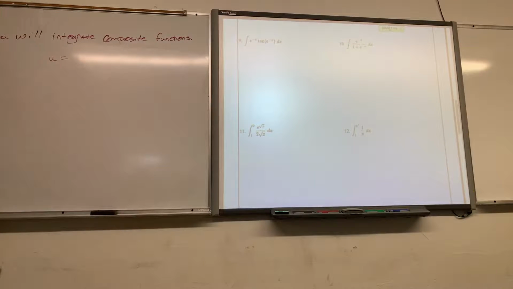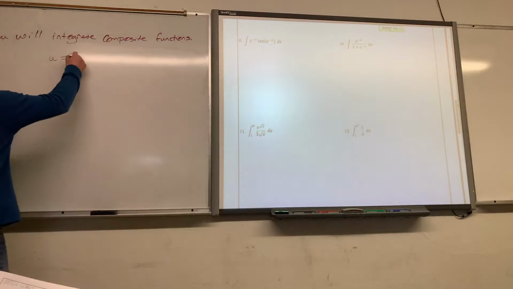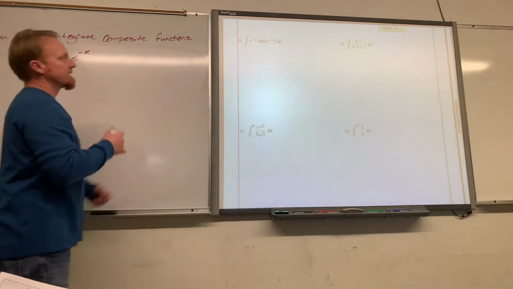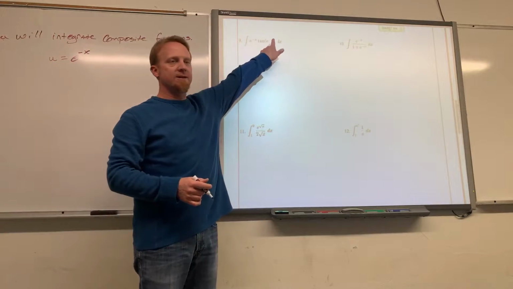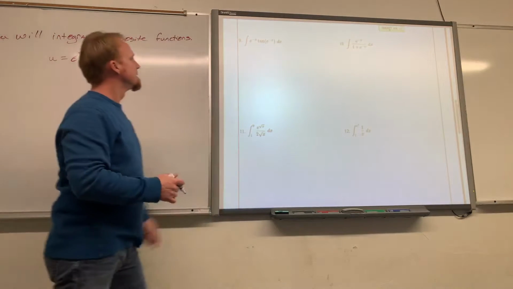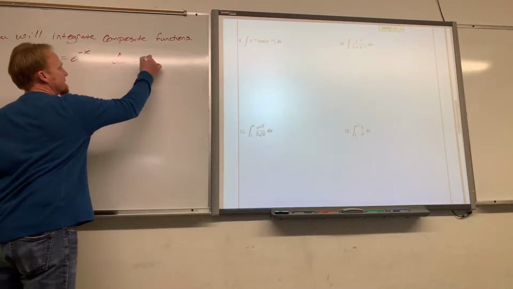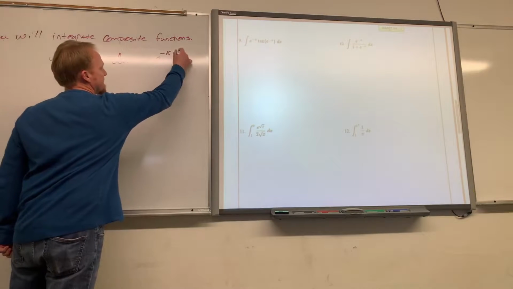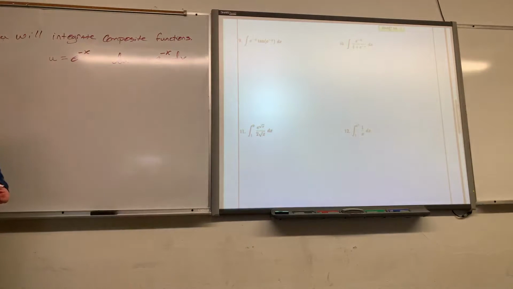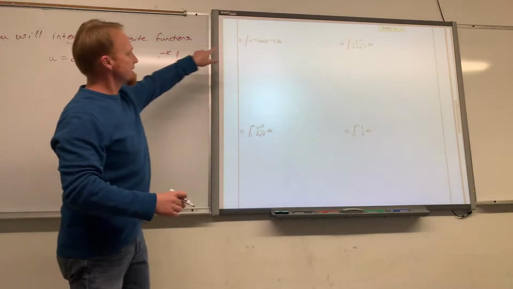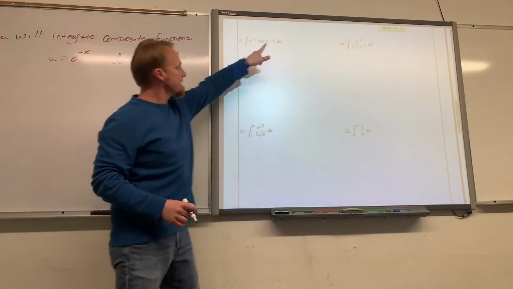Alright, on this one I have more than one e, but I do not have a fraction. Whenever you have more than one e and you don't have a fraction, then u is going to be the e that's inside of something. So that means u is going to be e to the negative x. And by e to the negative x, I mean the e to the negative x that's inside. So my derivative is going to be negative e to the negative x dx. So the e to the negative x takes care of this. I got the dx taken care of.